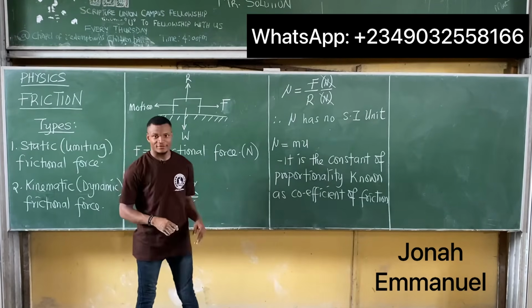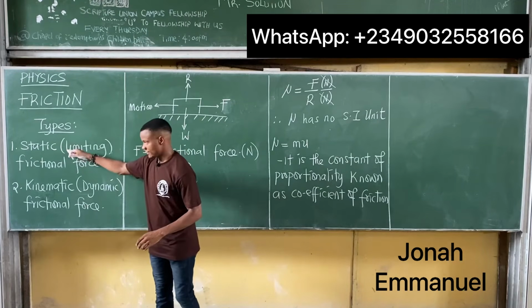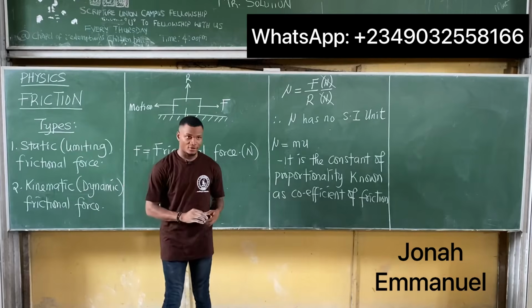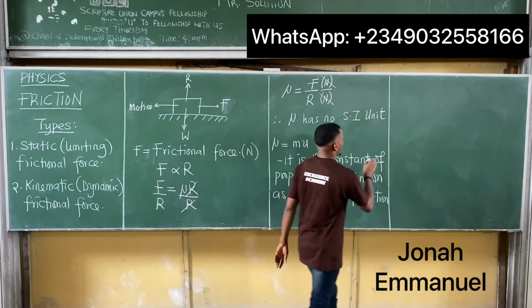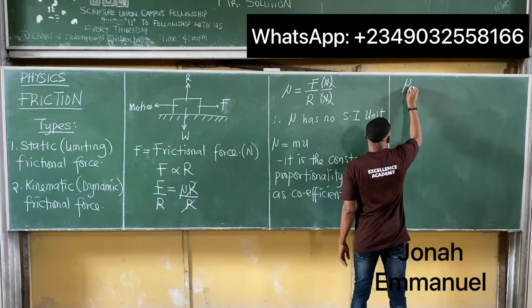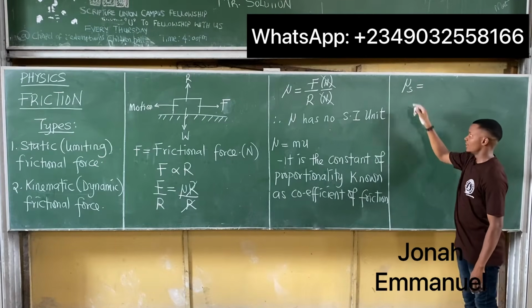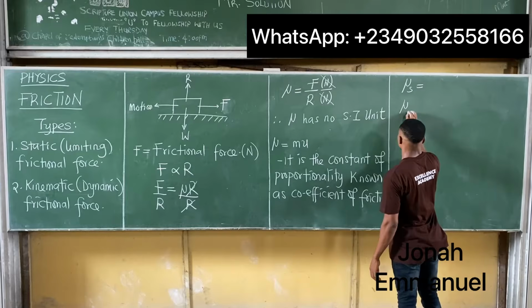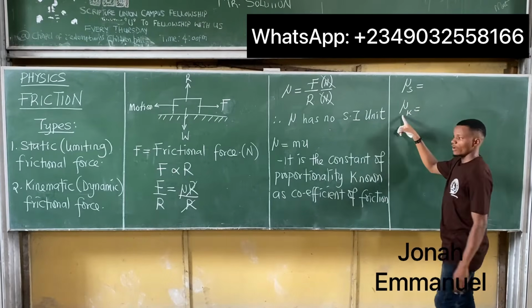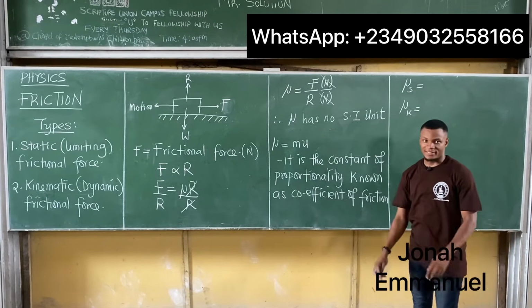Now, mu exists for both static and kinematic. For static, we have mu s, called the coefficient of static friction, and we have mu k, called the coefficient of kinematic friction.